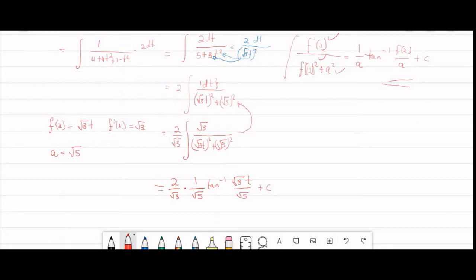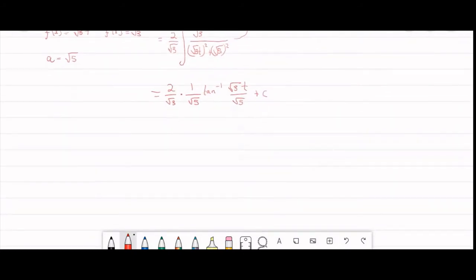So therefore, that means our final answer will be equal to 2 multiplied by 1 is 2. And a square root of 3 multiplied by a square root of 5, you'll get a square root of 15. Tan inverse, an inverse of tan actually. Then a square root of 3.